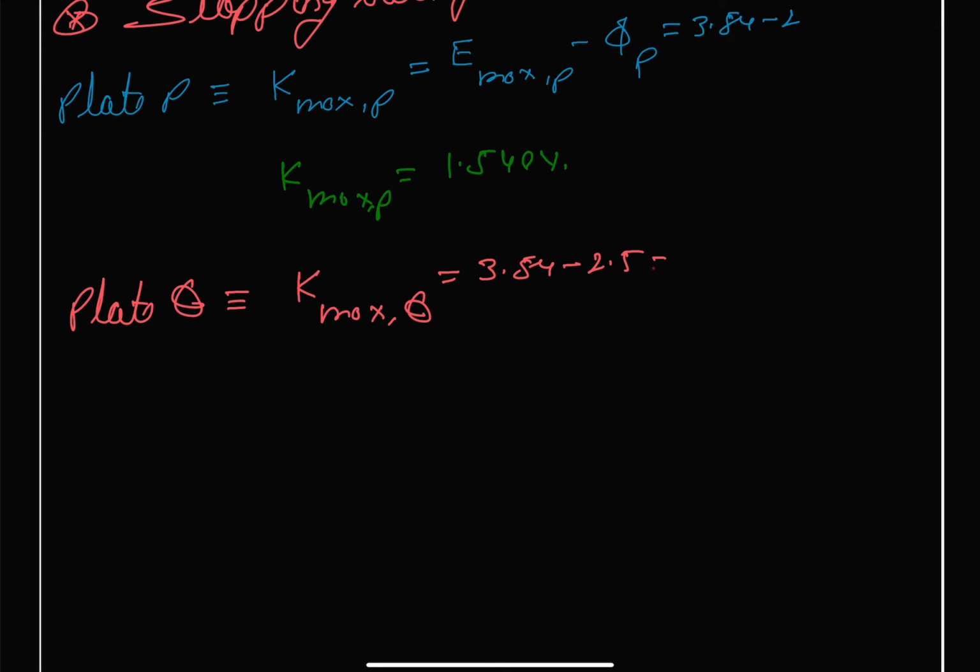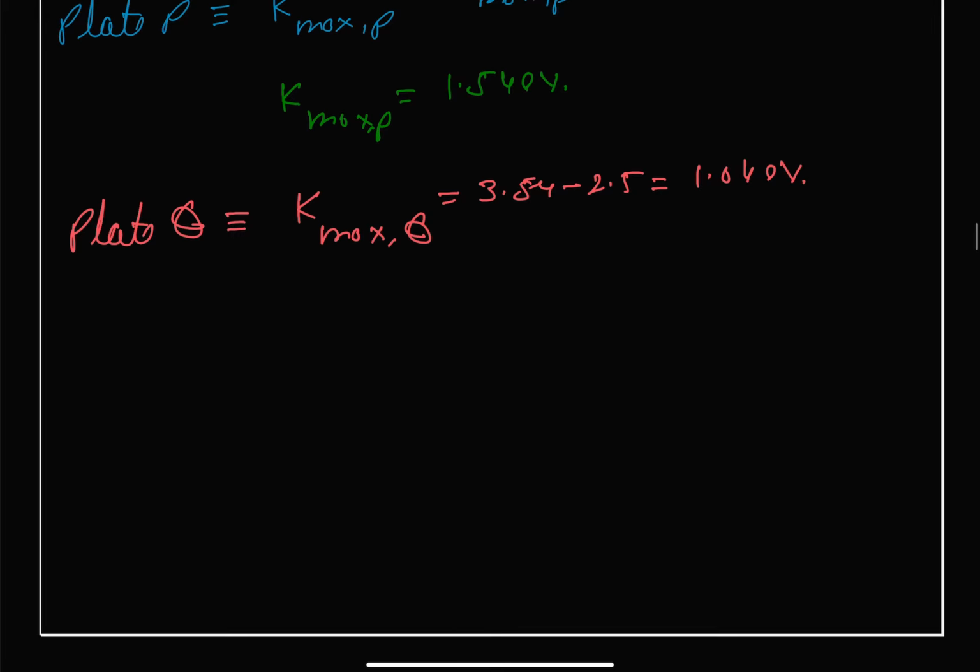This gives us 1.04 electron volt. And finally we have plate R, that is K max for plate R will be equal to 3.54 minus 3, giving us 0.54 electron volt.